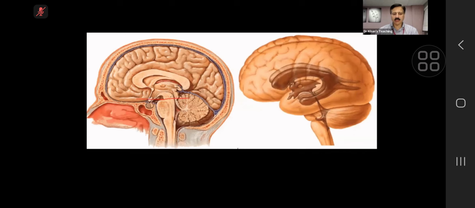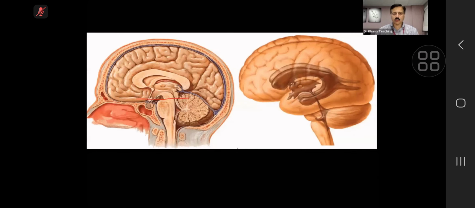This is the midbrain, and anteriorly is the suprasellar cistern. You can see that the slice will go through the infundibulum and maybe the optic chiasma, etc. So posteriorly, if you see here, sorry, let me clear it.